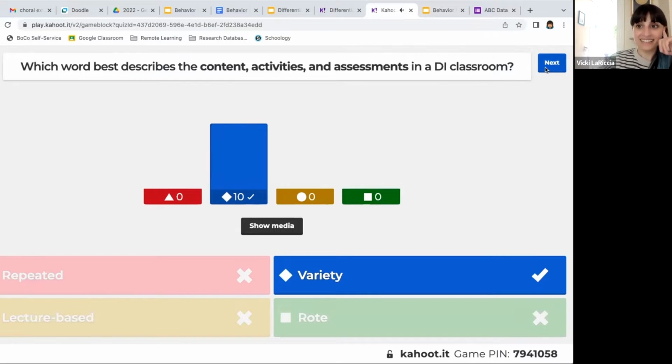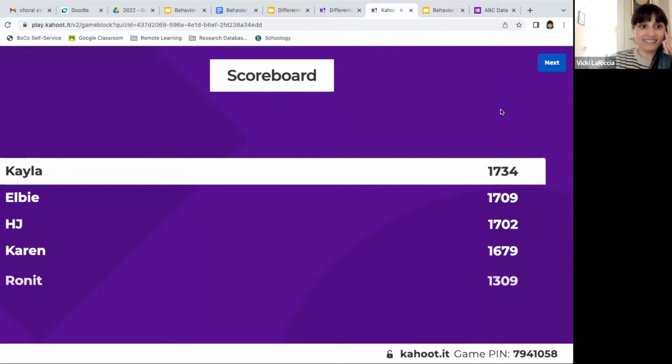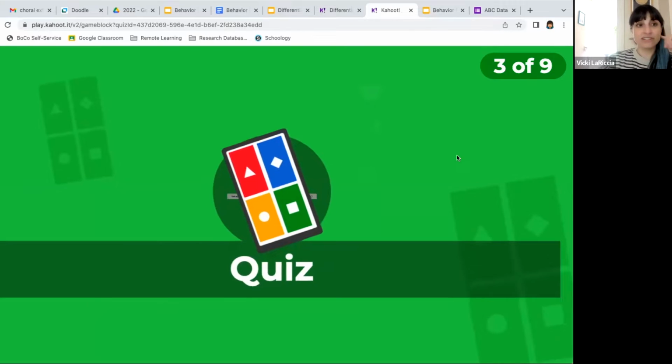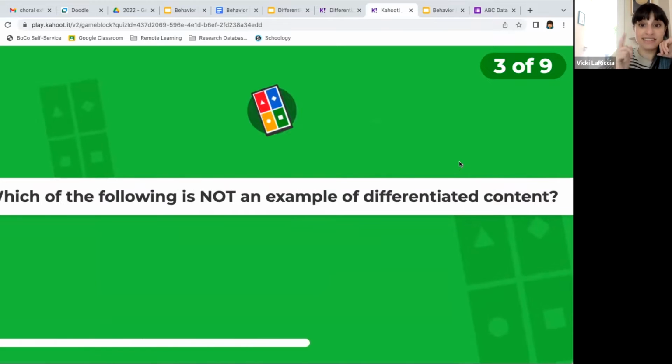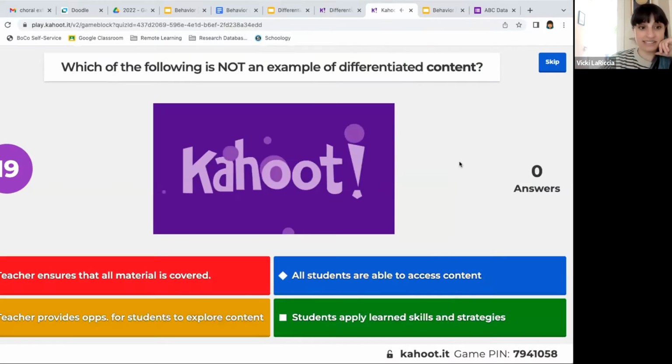Variety. Next. And so you can see Ben, who was down below, has now made it up to the top 5. Question 3. Which of the following is not an example of differentiated content?